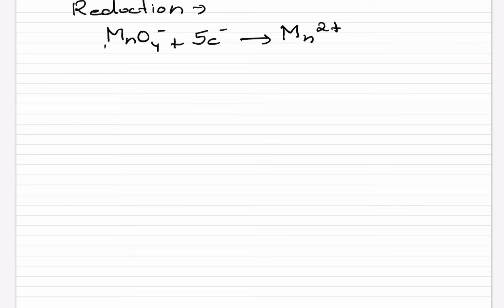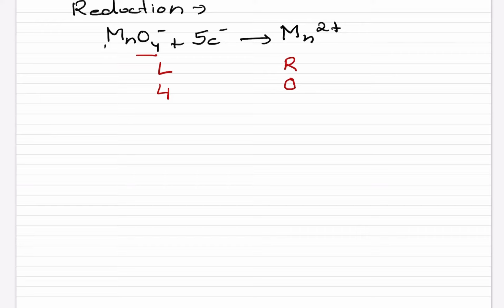Let's see the left side and then the right side. Left side, how many oxygen are there? There are 4 oxygen, and on the right side there are no oxygen. So we add 4 H2O on the right side so that the 4 oxygen will be balanced on both sides.